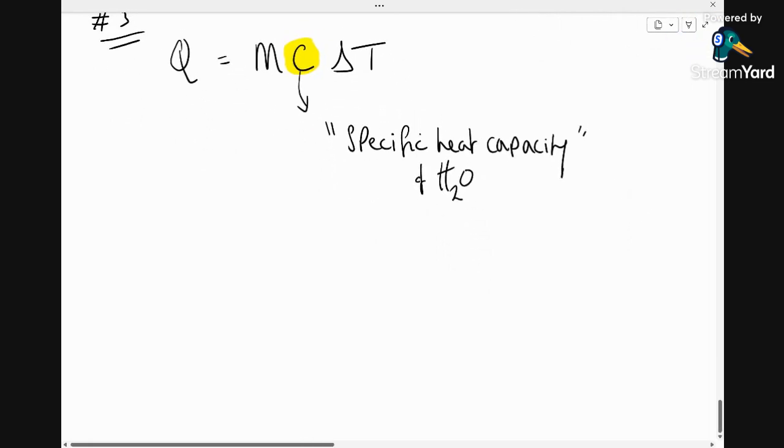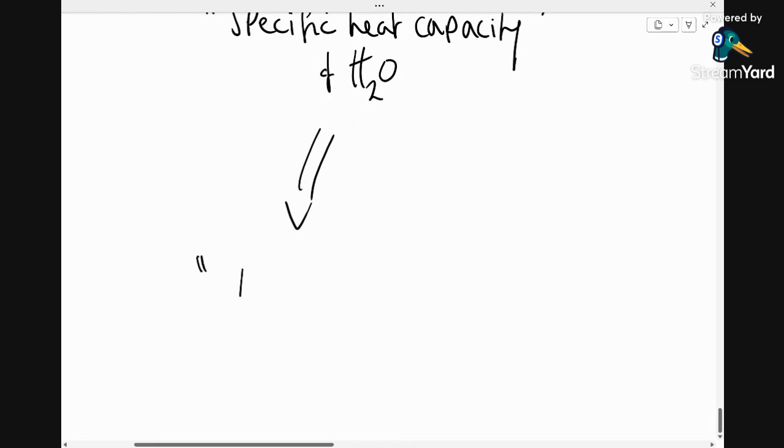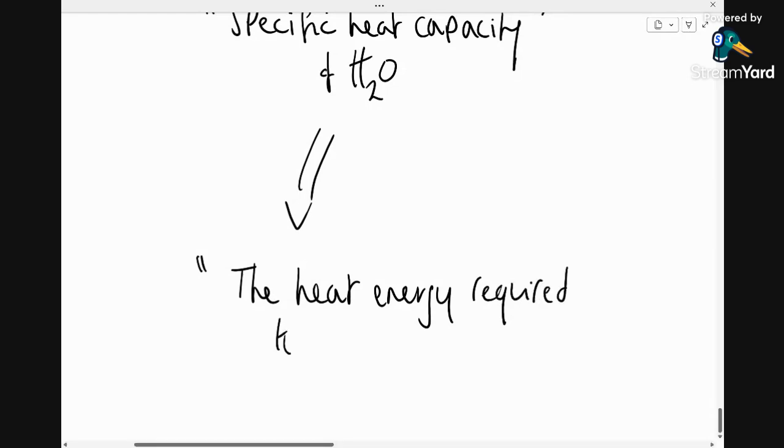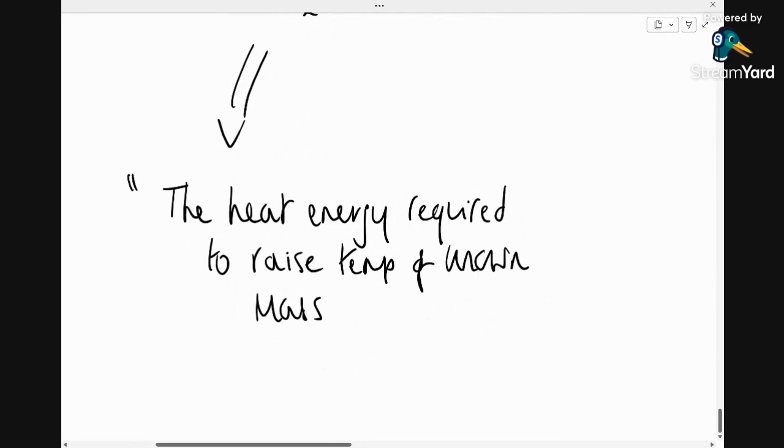And this is defined as, and you probably need to know this, the heat energy required to raise the temperature of a known mass, typically a kilogram, but technically it could be anything, of water by 1 degree Celsius.